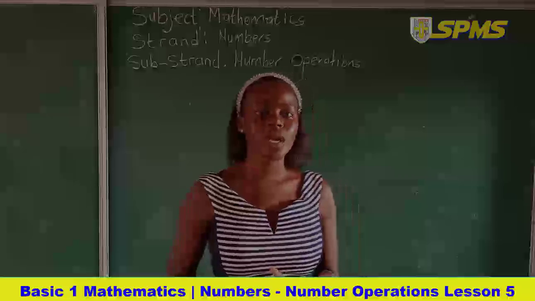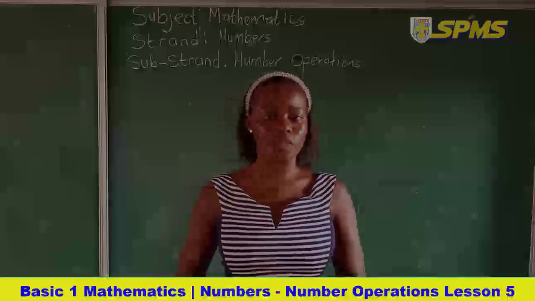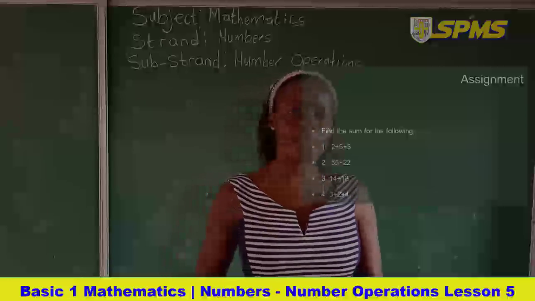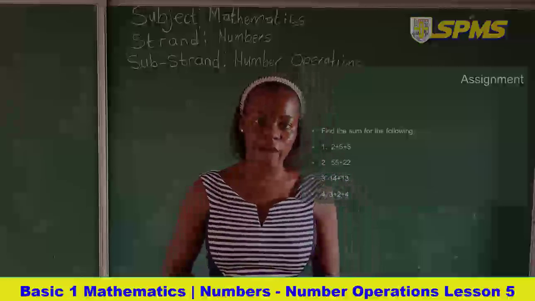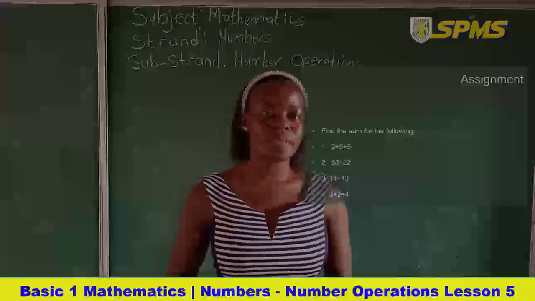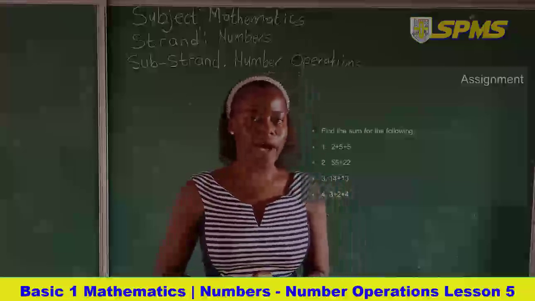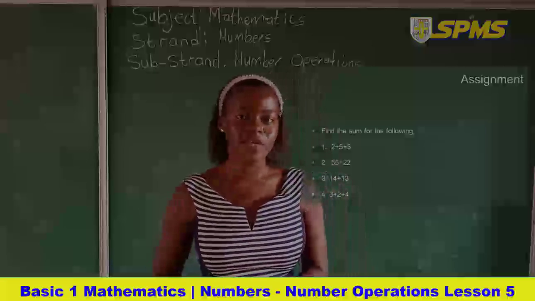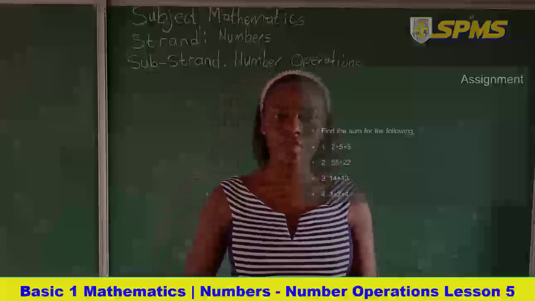I have an assignment for you. Look on your screen and do the following work for me. The first one, I have 2 plus 5 plus 5. The second one, 55 plus 22.